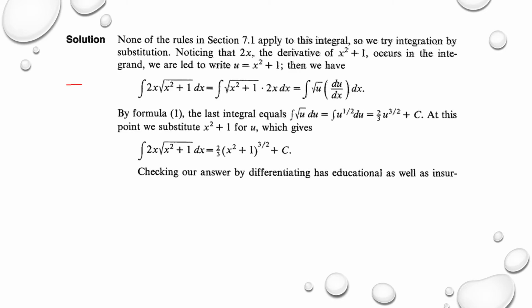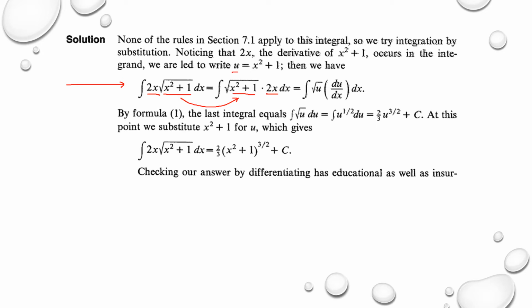In this question, we have two factors, 2x and square root of x square plus 1. We write x square plus 1 under the root first and later on 2x.